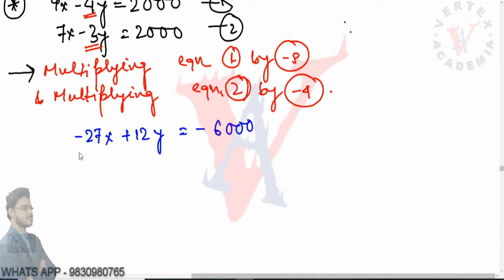The second equation, multiplied by -4, becomes minus 28x plus 12y equals minus 8000.